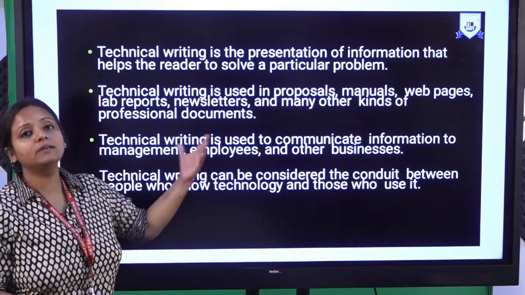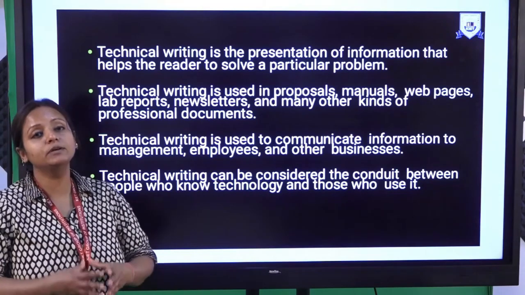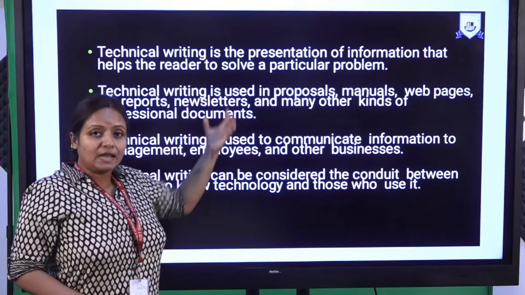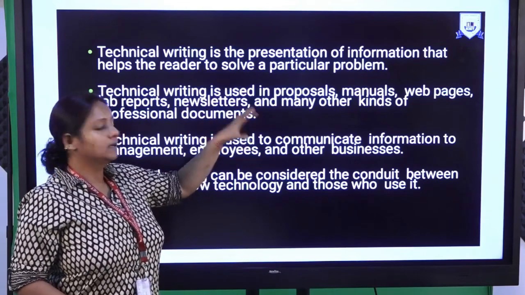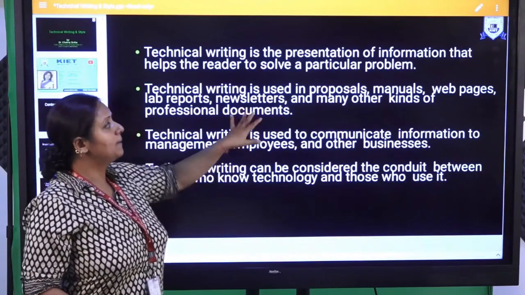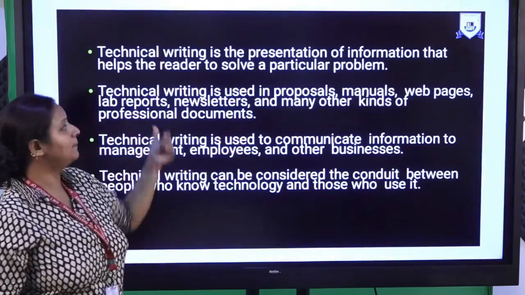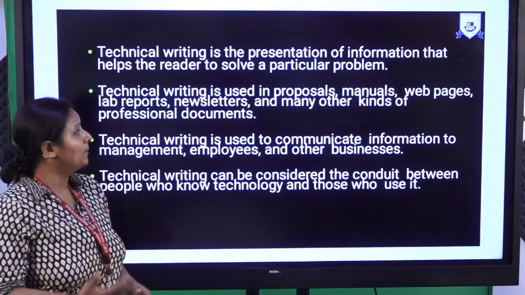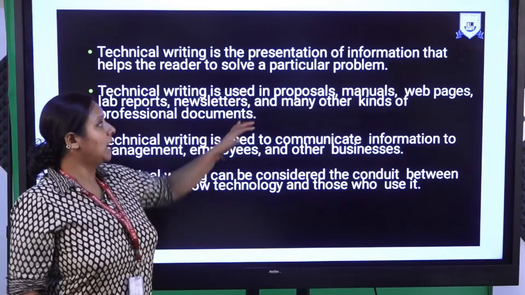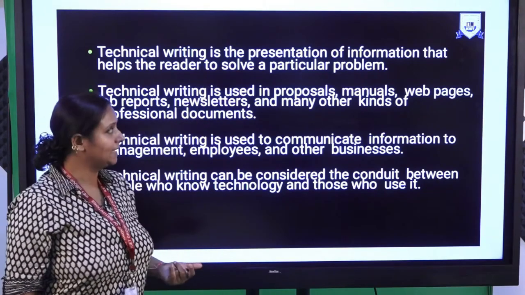The basic objective of technical writing is to help the reader to solve a problem. Now, different types of write-ups that can be called technical are proposals, manuals, web pages, lab reports, newsletters, or any other type of technical documents. They are all under the section of technical writing.